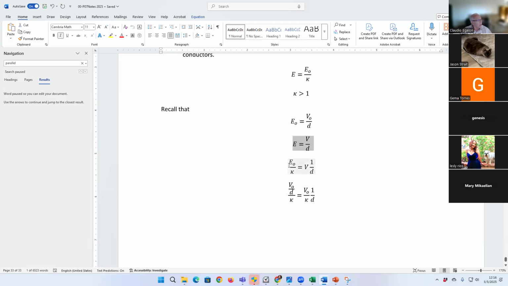E, going back to what we had here before, V over D. Now we have this equality. Oh, wait a minute. This equality here is supposed to be V. Let's, instead of doing what I did before, keep it V over D. All I'm doing here is replacing E naught with V naught divided by D.